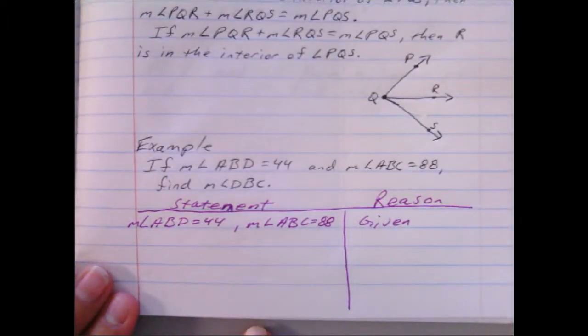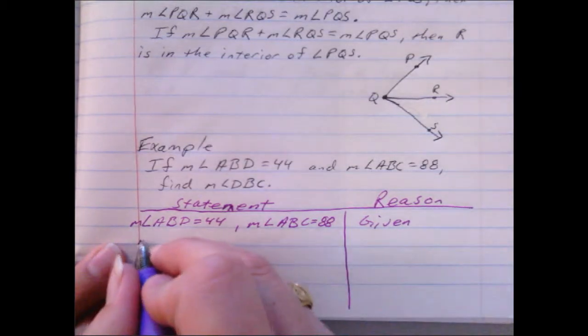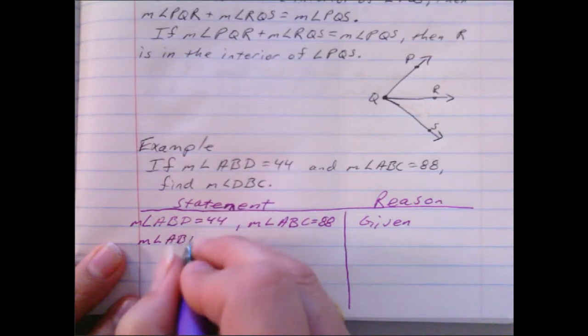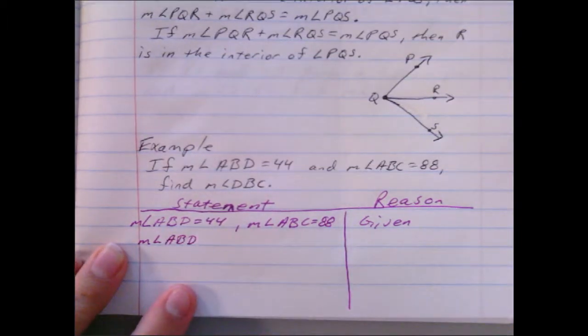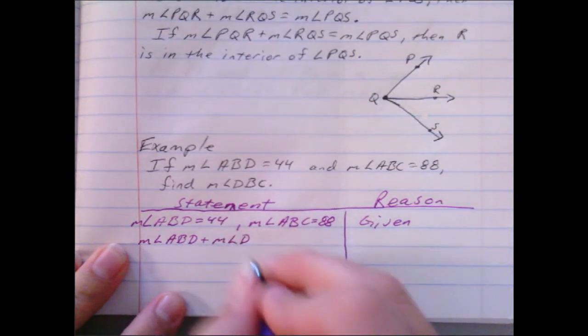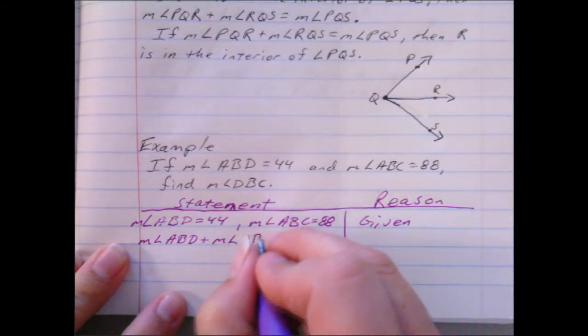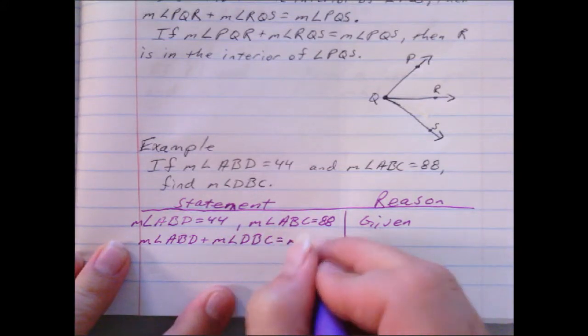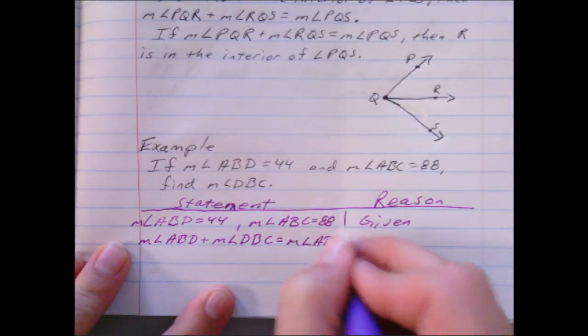So then the next thing we're going to do is start putting some things together with our angle addition postulate. So we have the measure of angle ABD, plus the measure of angle DBC, equals the measure of angle ABC.